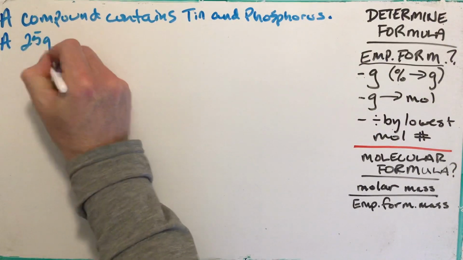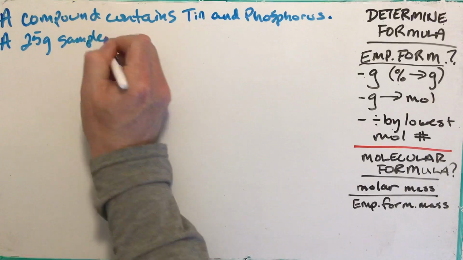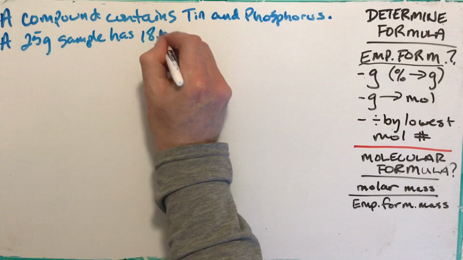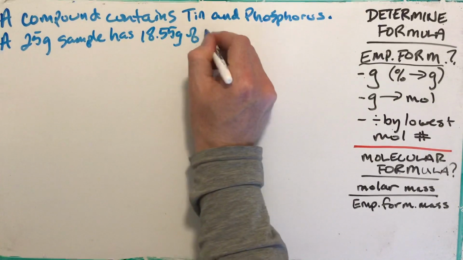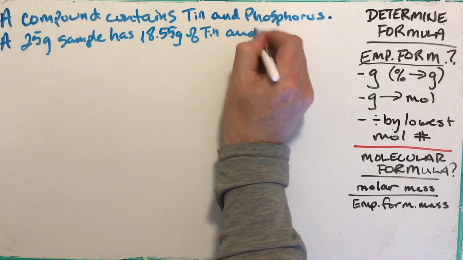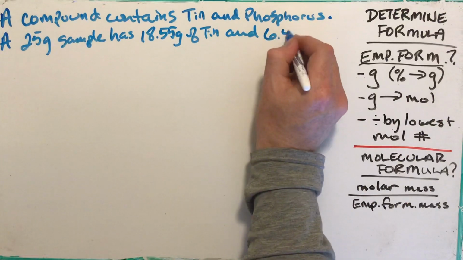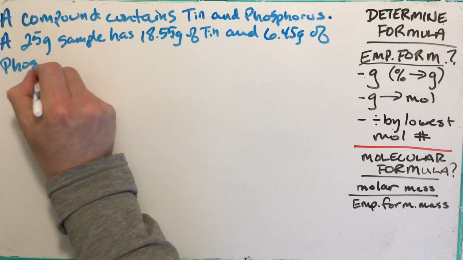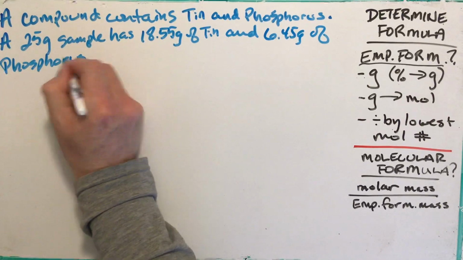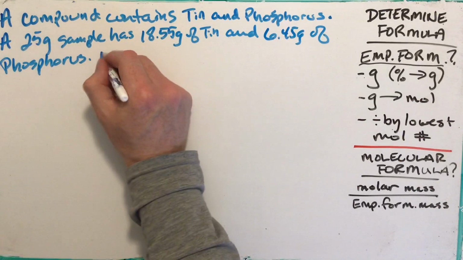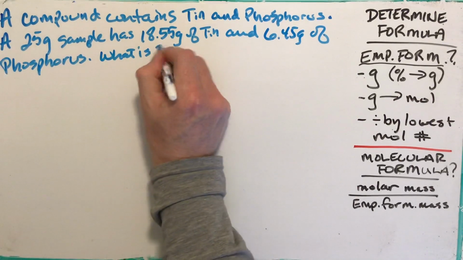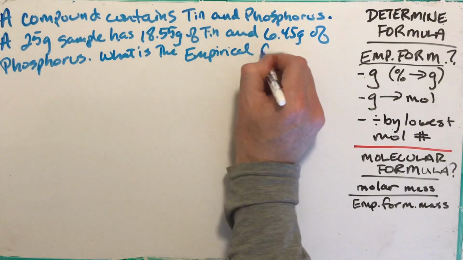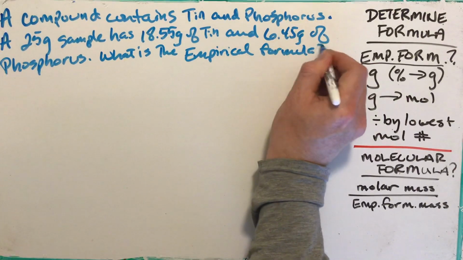A 25-gram sample has 18.55 grams of tin and 6.45 grams of phosphorus. What is the empirical formula?